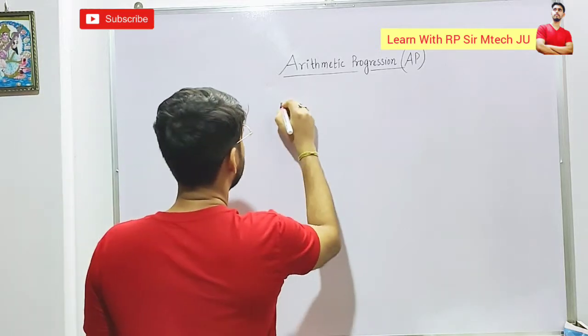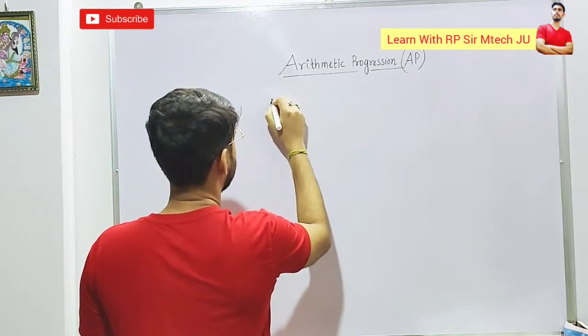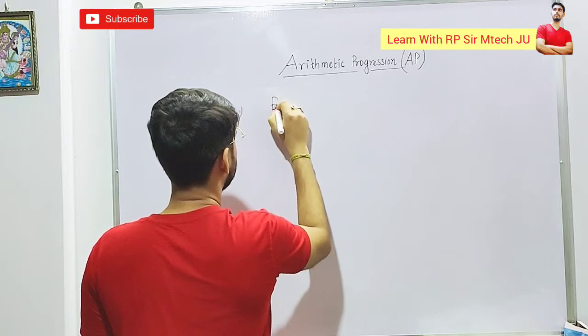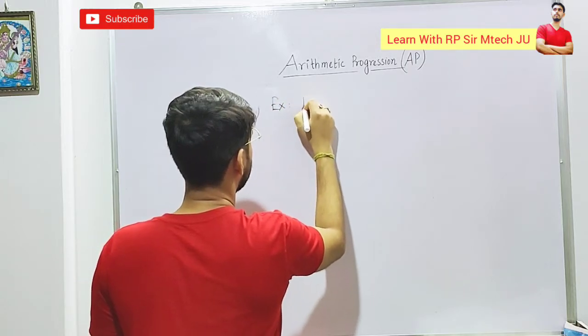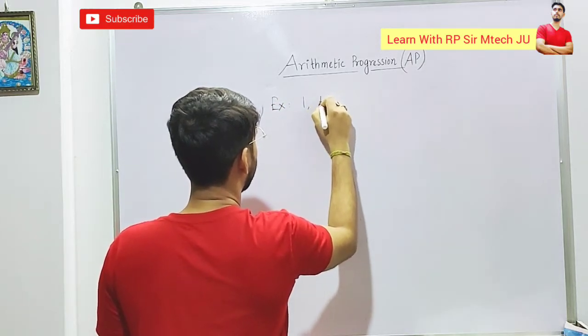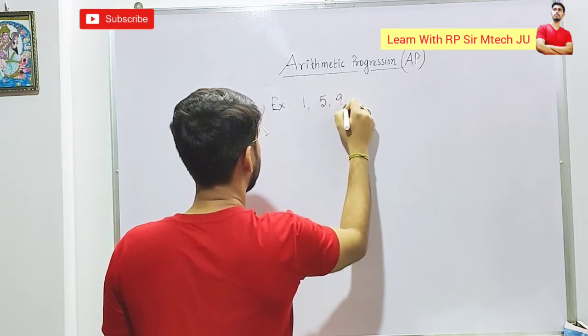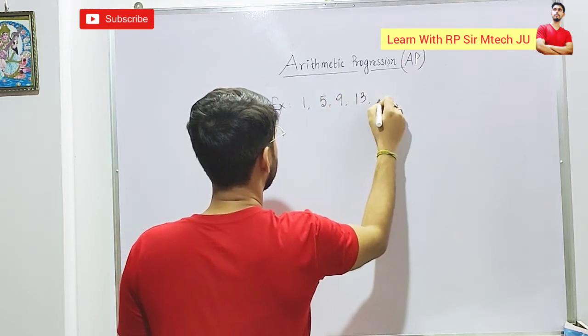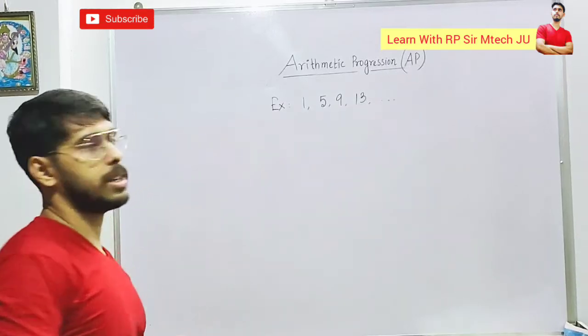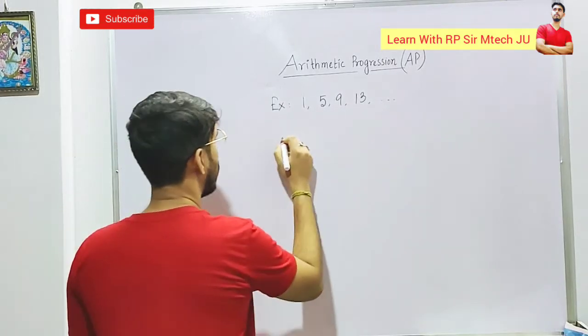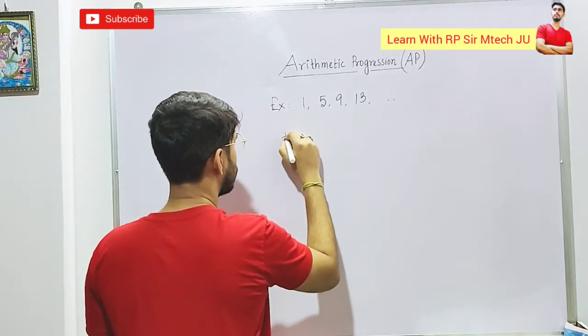So the important terms. First of all, let us take an example of AP, the previous example only: 1, 5, 9, 13, and so on. The important terms are, first, the first term.